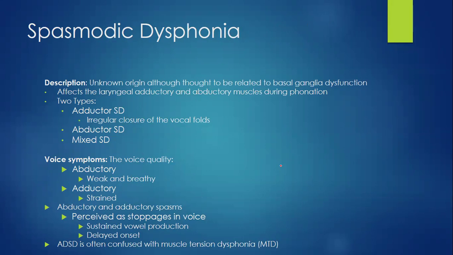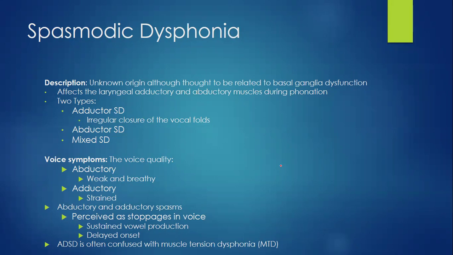Then there's spasmodic dysphonia. Spasmodic dysphonia is the one that I said usually students confuse with muscle tension. Muscle tension is a functional disorder. And spasmodic dysphonia is believed to be neurologically based.